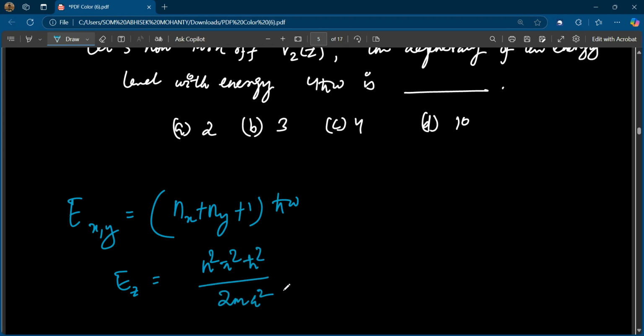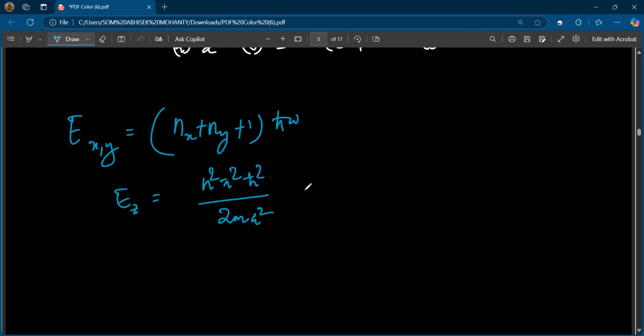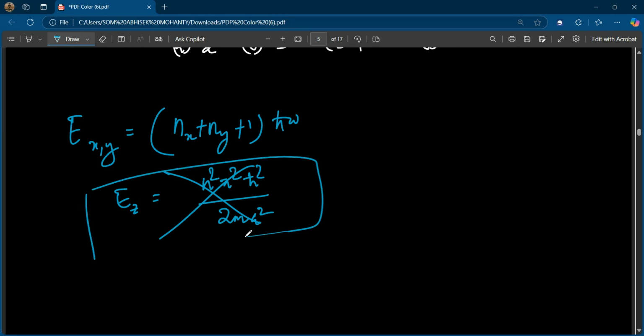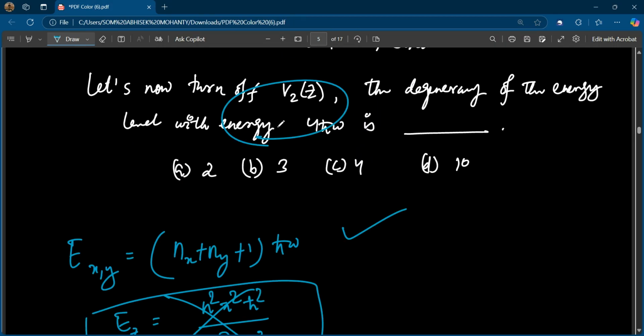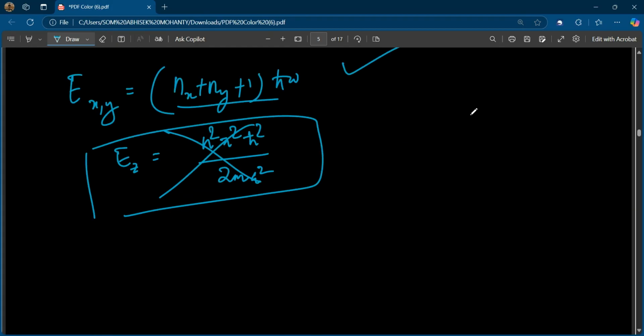Now we have turned off V2(z), which means it's not working, so we will not take it into consideration. We will only take the 2D harmonic oscillator. So what is the degeneracy of the energy level 4 h cut omega? How many times will we get 4 h cut omega? 1 is already there.